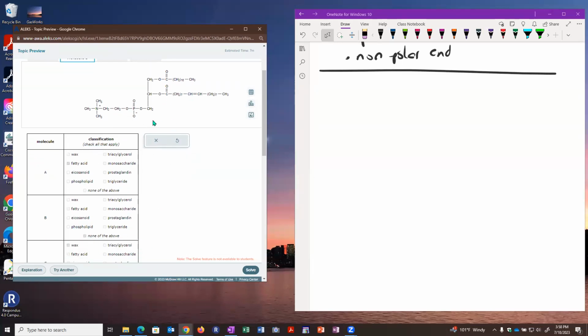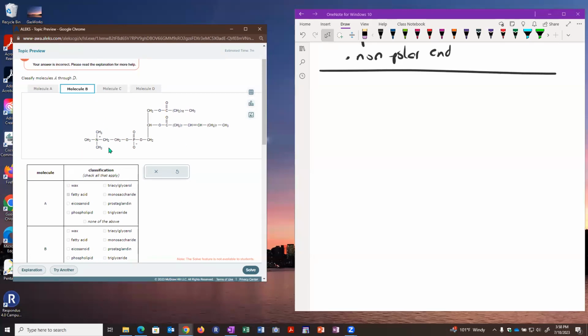But in order for that to be a phospholipid, it shouldn't have this portion here connected to it. So this actually does not belong to any of the categories that are shown on the options.